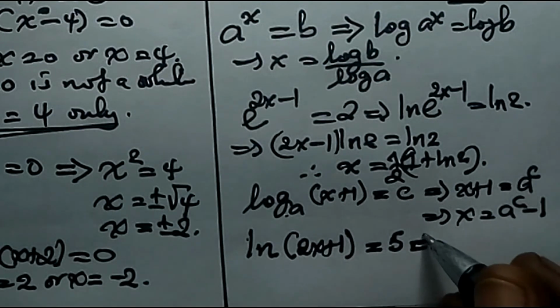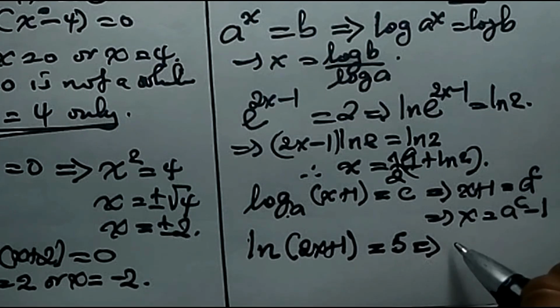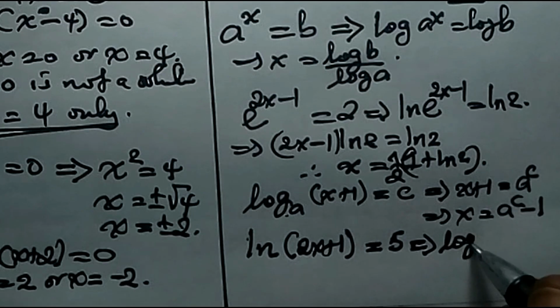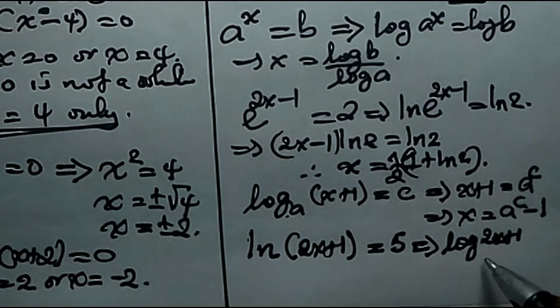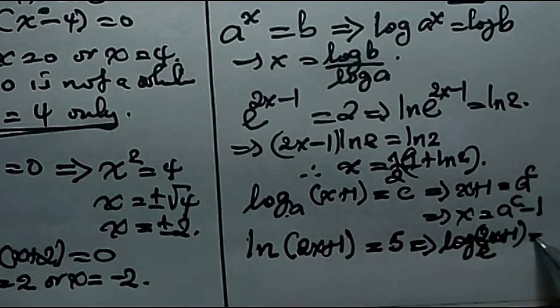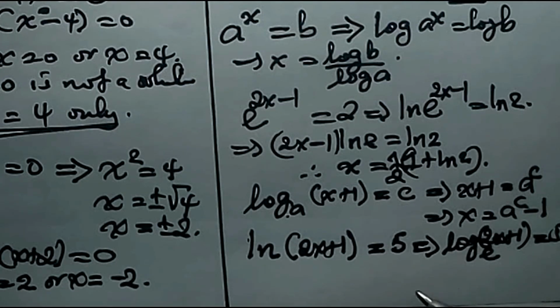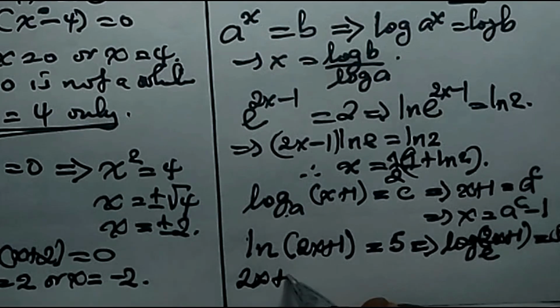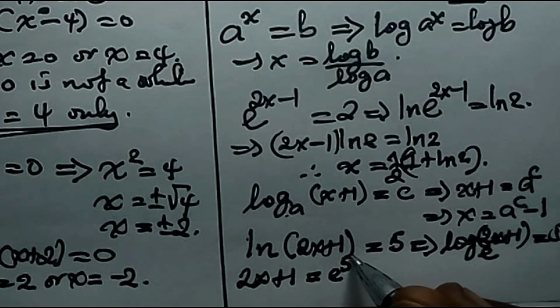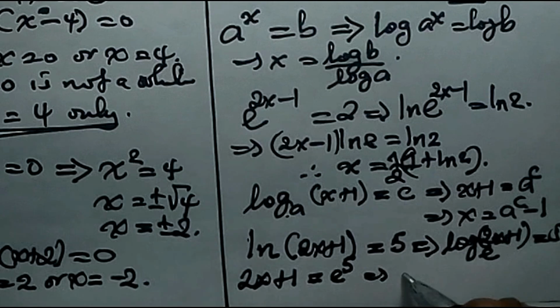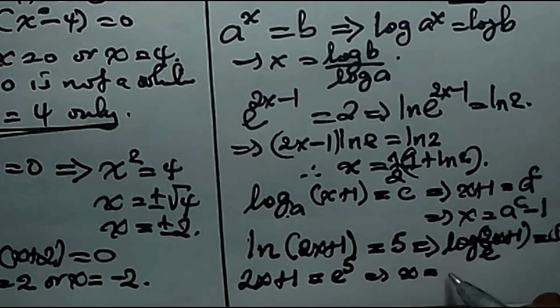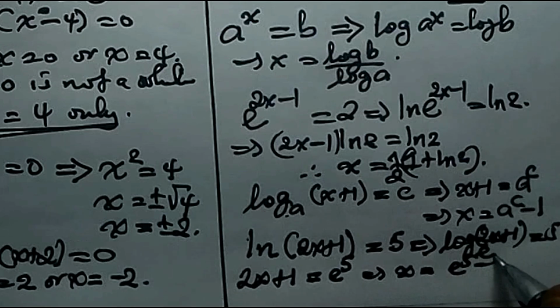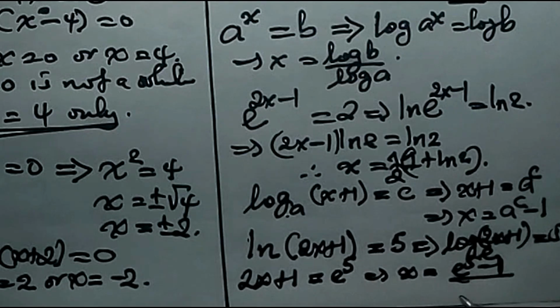Then I would have to change it to log of 2x plus 1 base e equals 5, so that I now use the index form as 2x plus 1 equals e to the fifth. And from there, my x would be e to the fifth minus 1 divided by 2 as the answer.